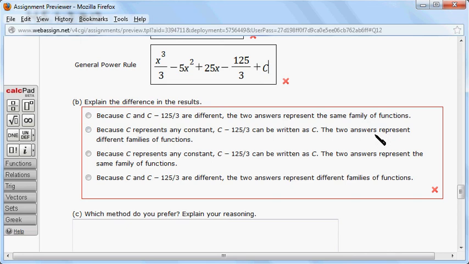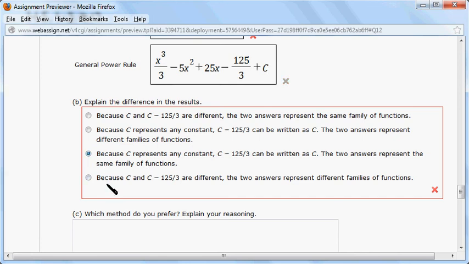So the two answers represent the same family of functions, not different families.